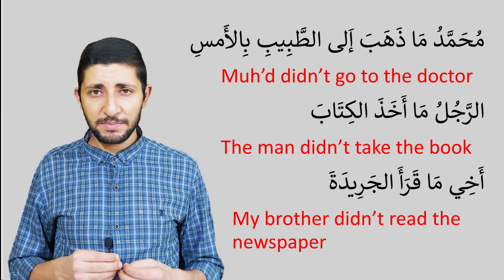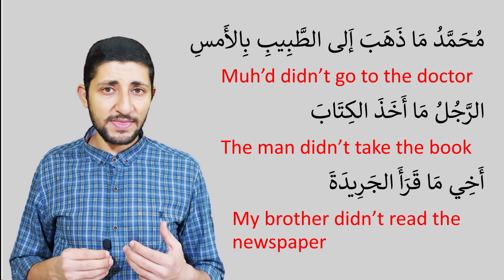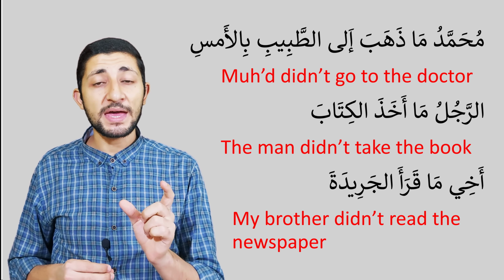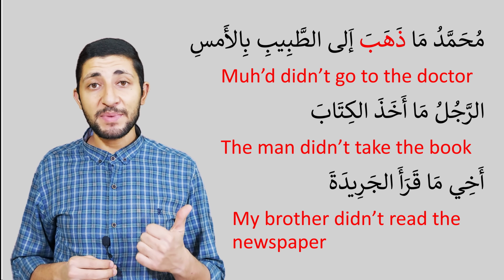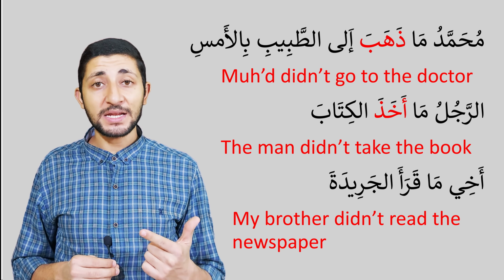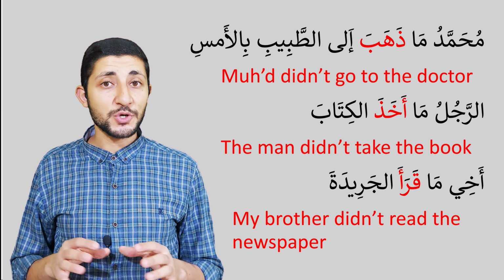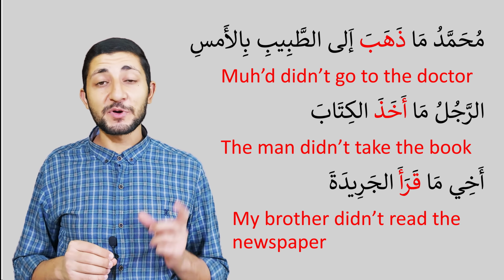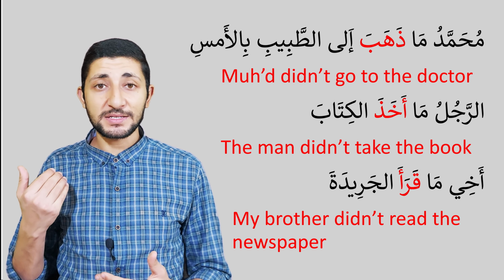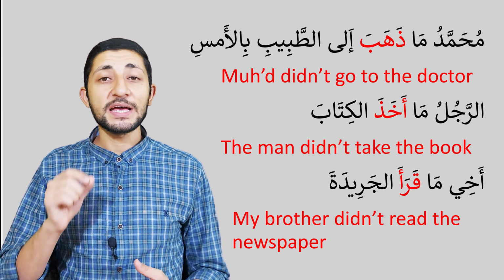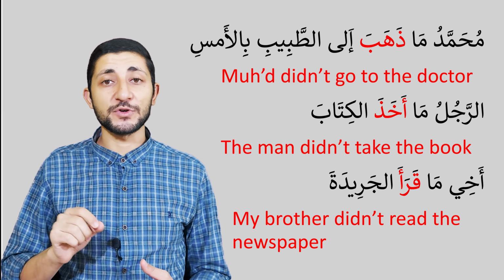By looking at these examples, we can obviously see that the preposition ما came before past verbs: ذهب, أخذ, and قرأ. So we can say this time the preposition ما is used to negate an action in the past, but this time it's used with past verbs.